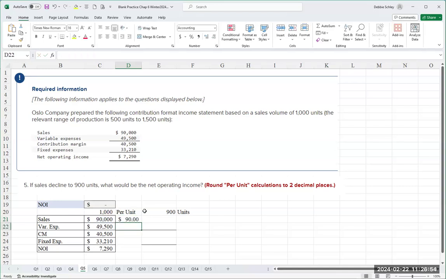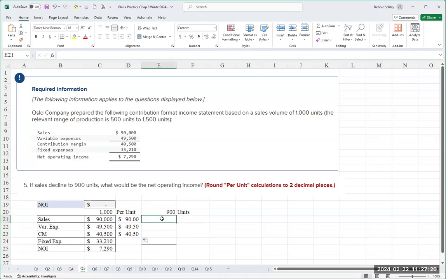That tells me the per unit cost. Now, because I anchored that cell, I can drag that down to variable expenses. And that shows me that I've been doing it right because my contribution margin per unit, right, I had already figured that out, was $40.50.